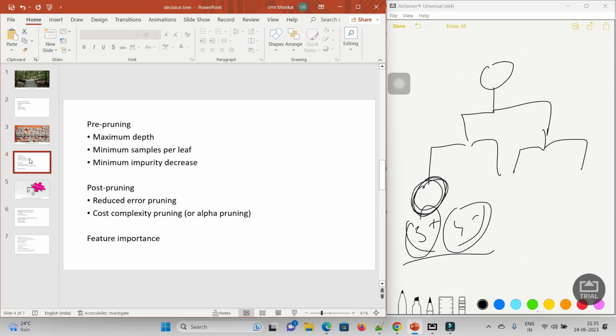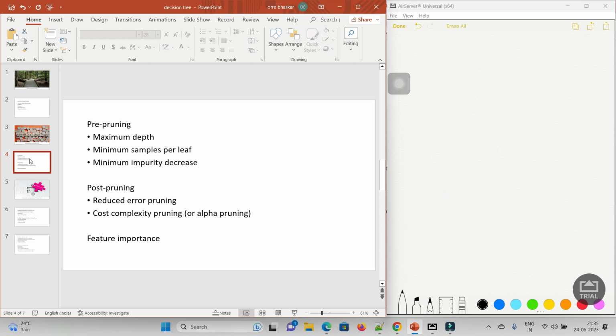If the samples are less than a particular threshold, we stop the tree. That's what it represents. Next is minimum impurity decrease. Setting a threshold for the minimum amount of information gain or impurity. That means after reaching a certain impurity or information gain, we stop the tree.